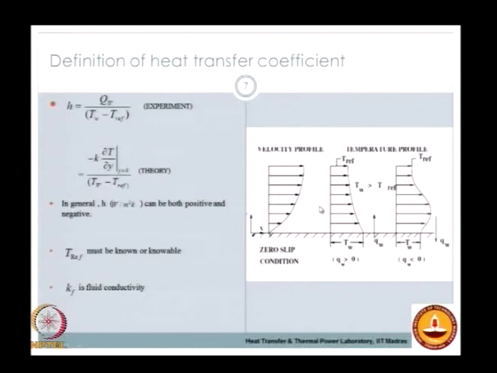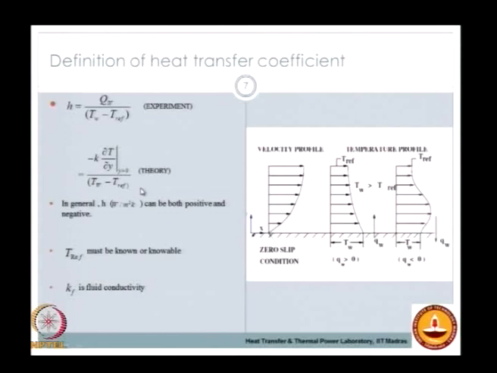So in that particular situation, your heat transfer coefficient will actually be negative. So contrary to the popular belief that you encounter in problems with positive heat transfer coefficients, when you define your heat transfer coefficient in this particular manner, it could be both positive or negative depending on how the near wall temperature gradient behaves.